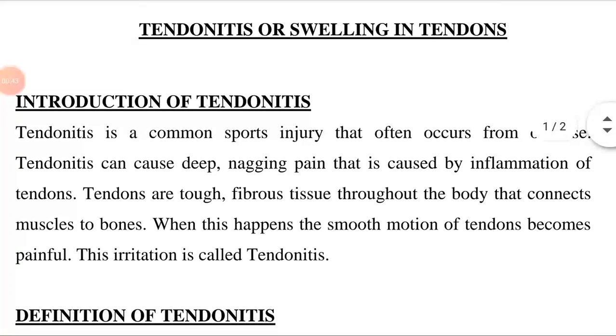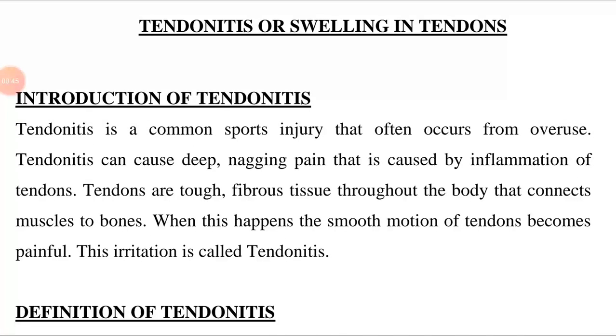Introduction of tendinitis. Tendinitis means inflammation of a tendon, most commonly from overuse but also from infection or rheumatic disease. Tendinitis is a common sports injury that often occurs from overuse. It mostly occurs in sports persons. Why?